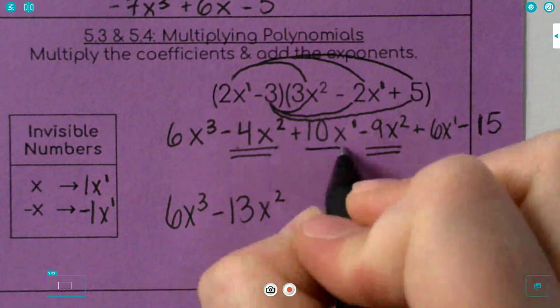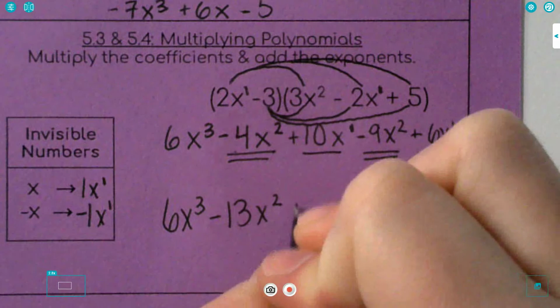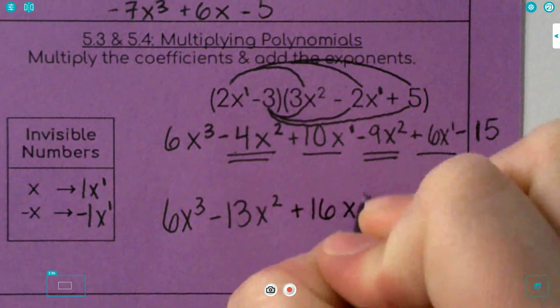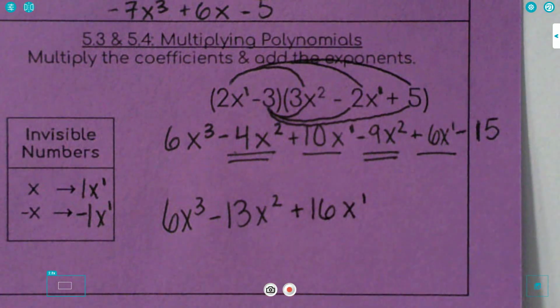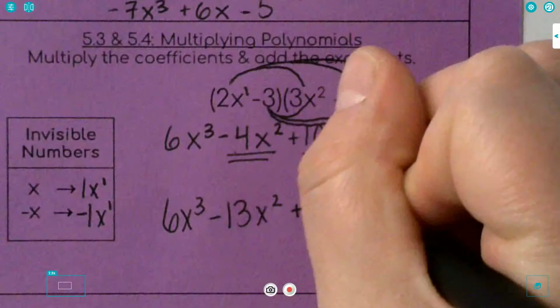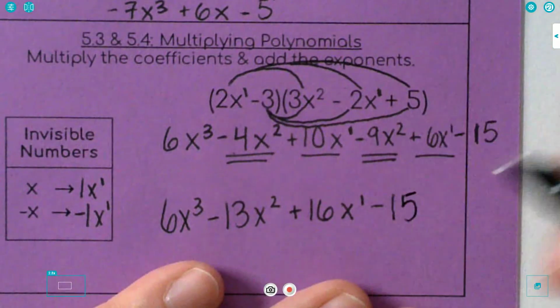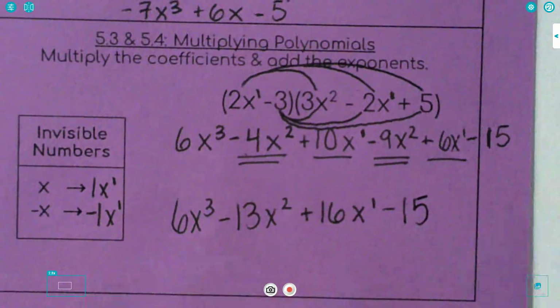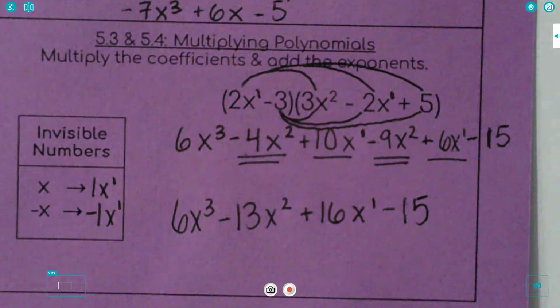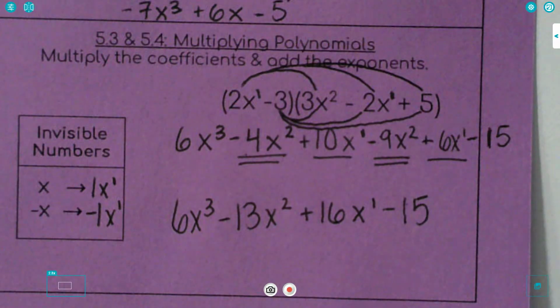And then 10x and 6x is 16x. And then I've got my minus 15. Okay. Any questions about that guy?